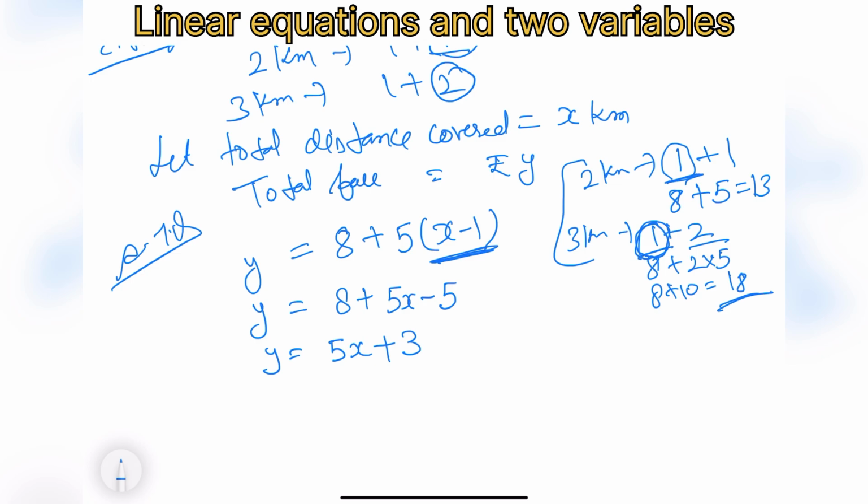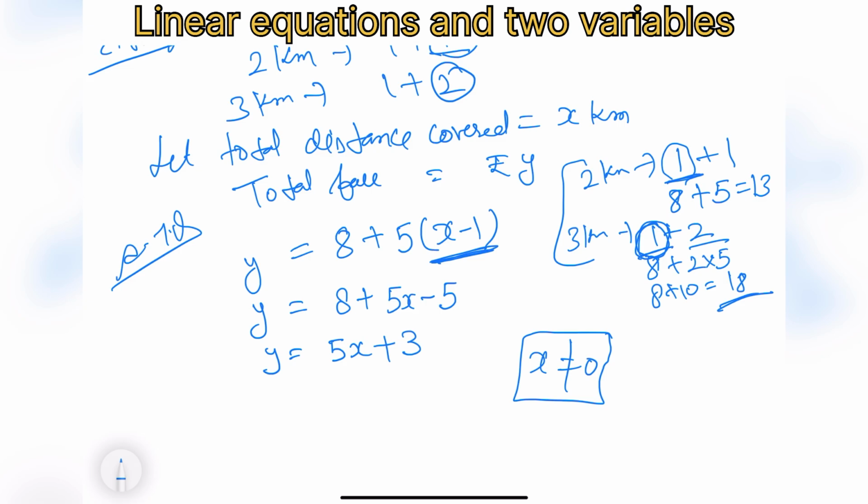Now we have to draw the graph for this equation. Always remember that in this case we cannot take the value of x as 0, because if we take x as 0, it means we didn't cover any distance, yet we are paying rupees 3. That is not possible.